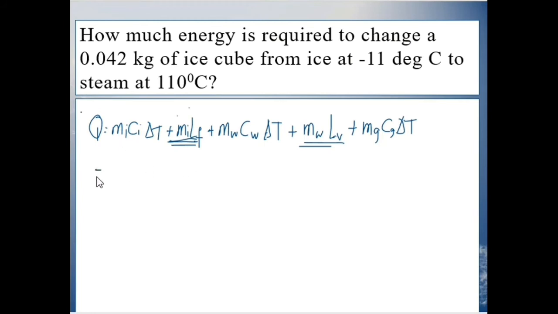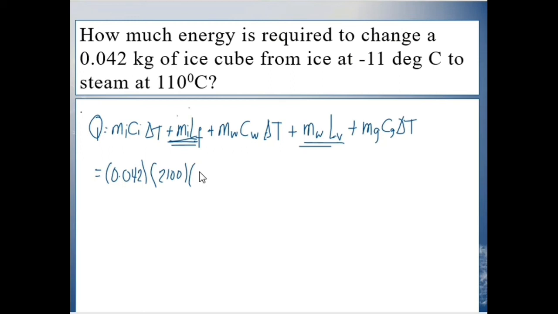So let's substitute the given. We have mass of the ice is 0.042 kilogram. I will no longer write the units. You already understand the cancellation of units, so let's skip that. C of ice is 2,100 joule per kilogram Celsius degree. Final temperature is 0, minus initial -11.